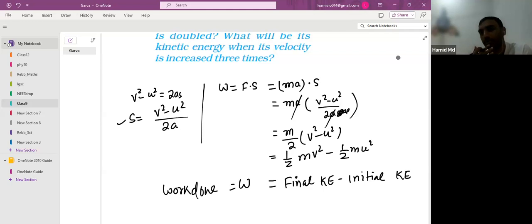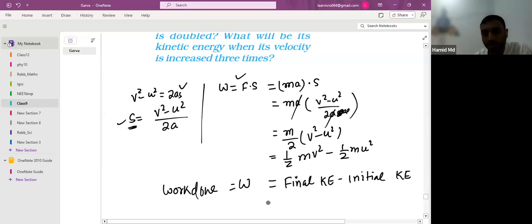Riaz, what about you? Yes, sir. We all know this equation from very early days, and we know this definition from this chapter. So I substituted s from this equation, and we all know the force is mass times acceleration. So just put mass times acceleration over there, and we got that work done is change in kinetic energy.